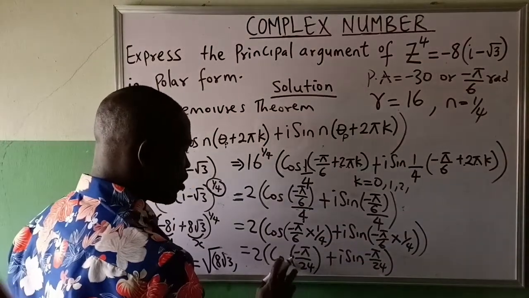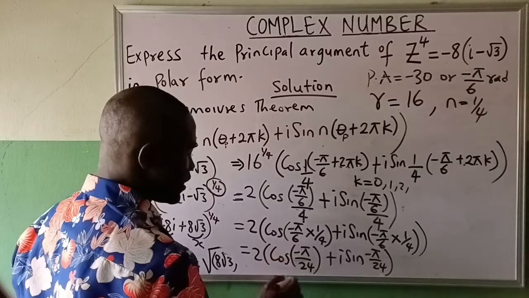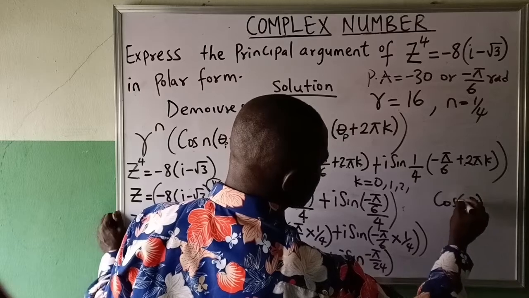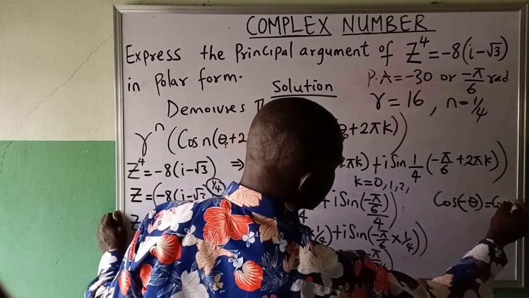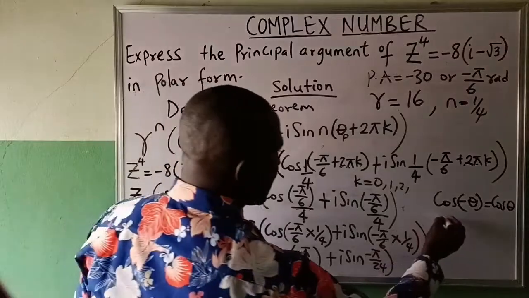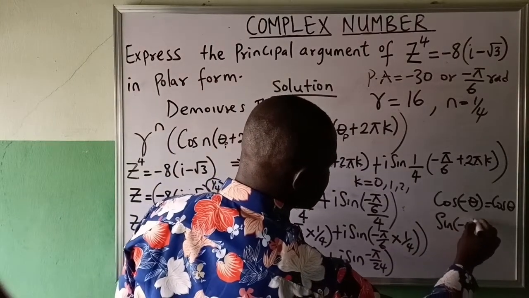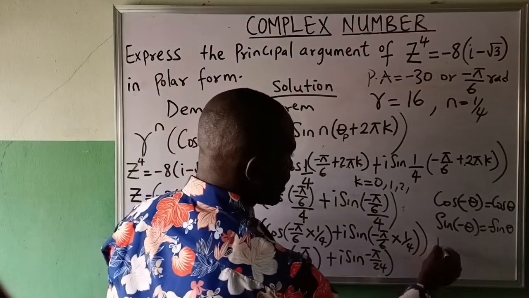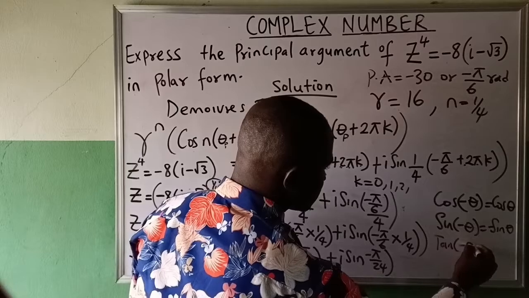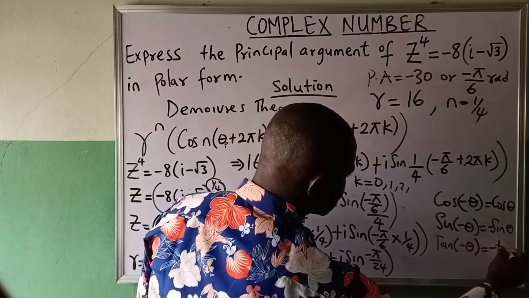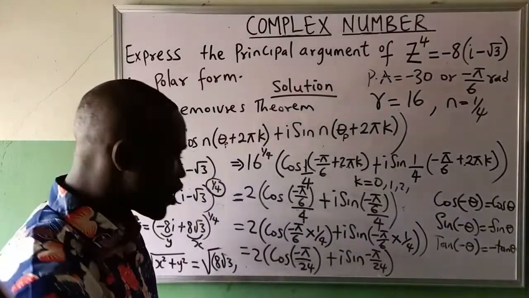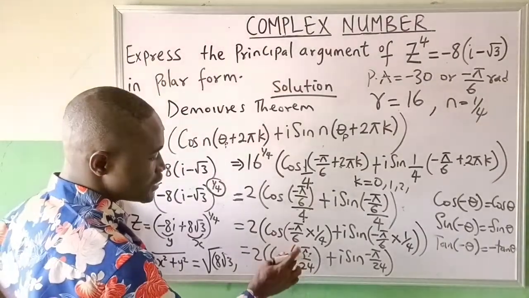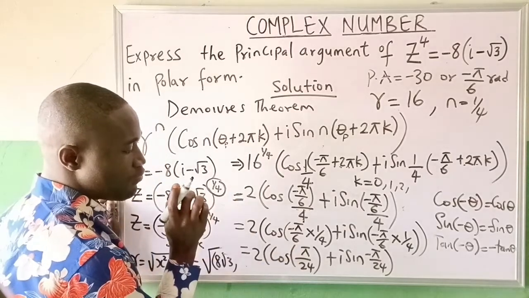Okay, most times the options are put in radian. Now remember that cos negative theta from trigonometry is equal to cos theta, and sine negative theta is equal to minus sine theta, and tan negative theta is equal to minus tan theta. So we have to recall it. So here, cos minus pi over 24 is the same as cos pi over 24.